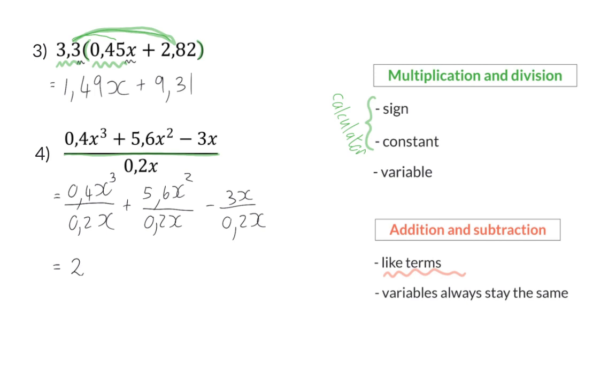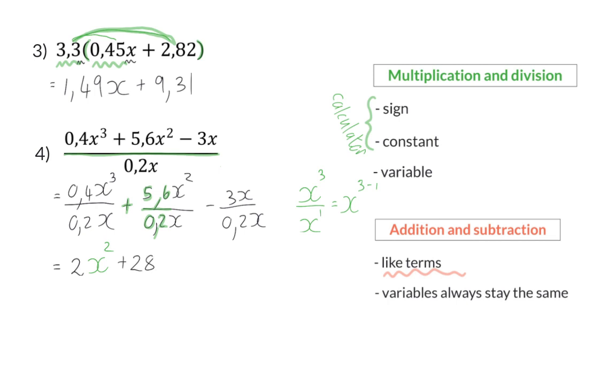Now I need to divide my variables. A reminder that when we divide variables, you can take the exponent in the numerator and subtract from it the denominator's exponent. So here we'll have x to the power of 2 left. Next up, I'm going to take plus 5,6 and divide it by 0,2.